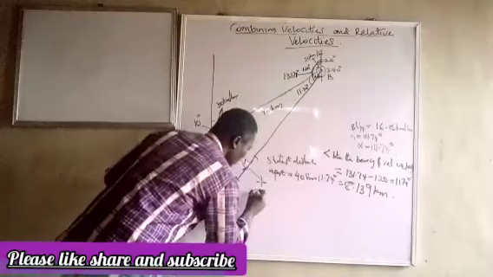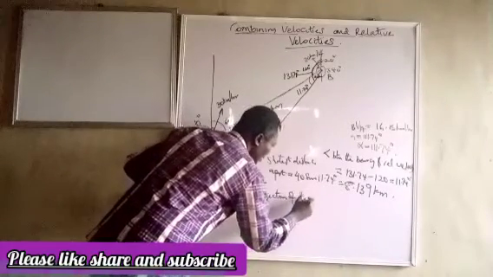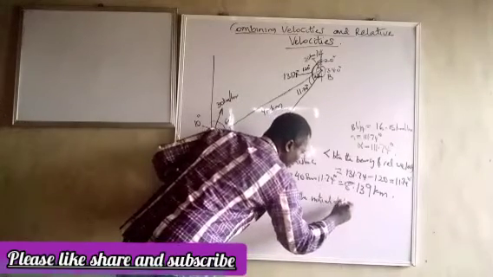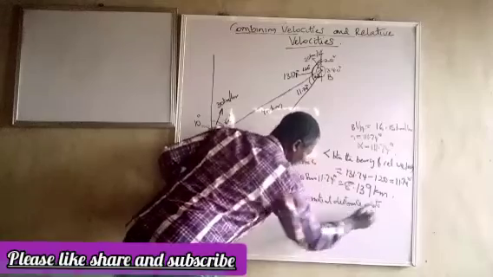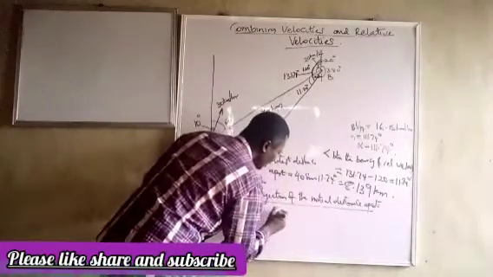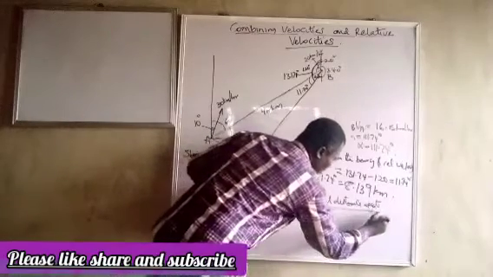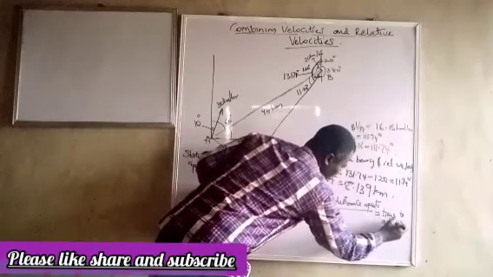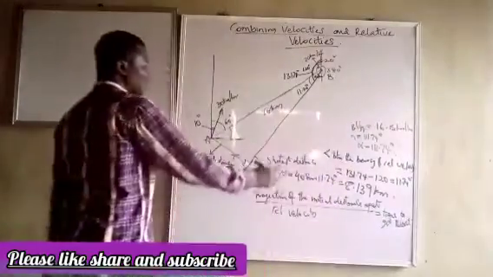So the projection of the initial distance apart over the relative velocity is equal to the time to get closest.